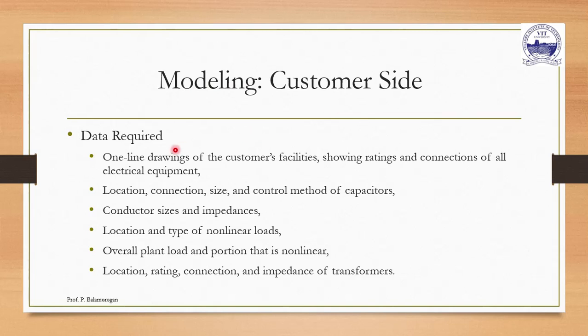The data required are one-line drawings of the customer's facility showing the ratings and connections of all the electrical equipment, location, connection, size and control method of capacitors, conductor sizes and impedances, location and type of nonlinear loads, overall plant load and the portion that is nonlinear, and location, rating, connection and impedance of transformers.